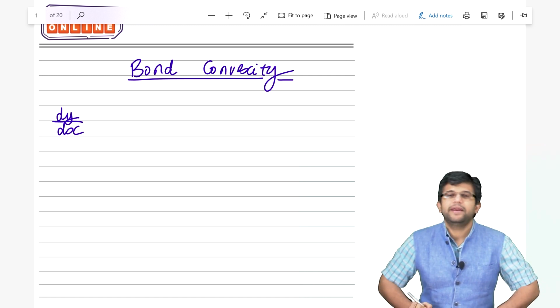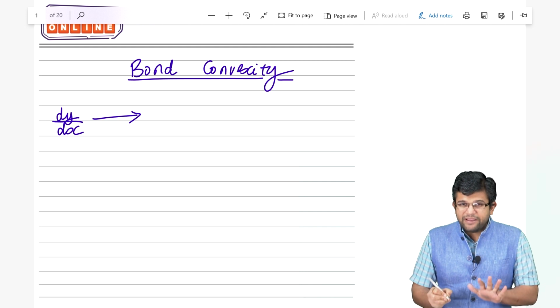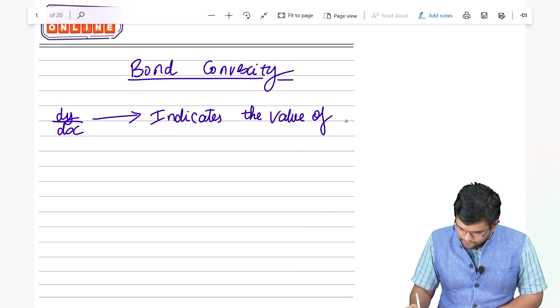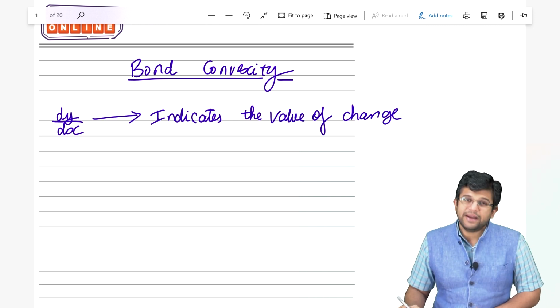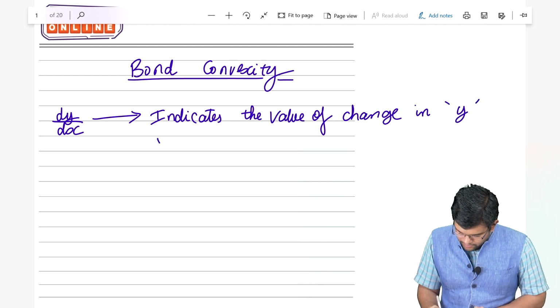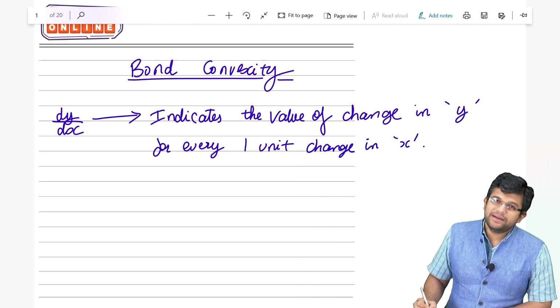Let me at the outset tell you, dy by dx indicates the value of change in y for every 1 unit change in x. Read this again.